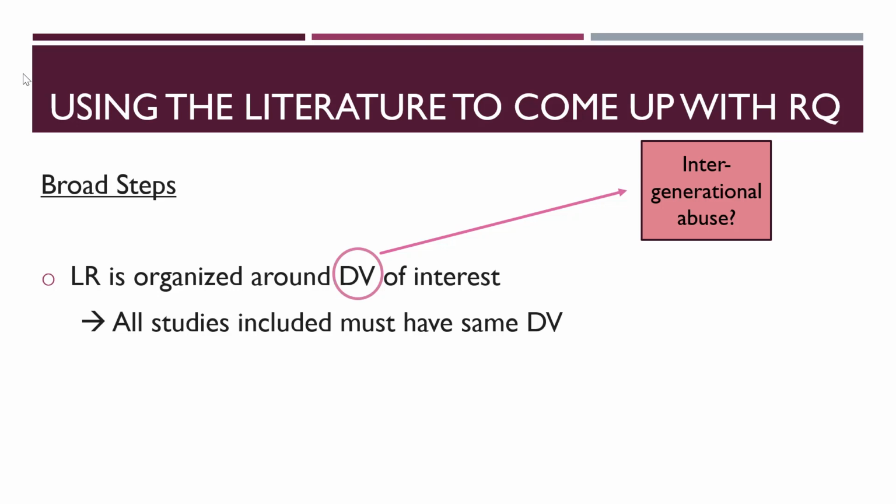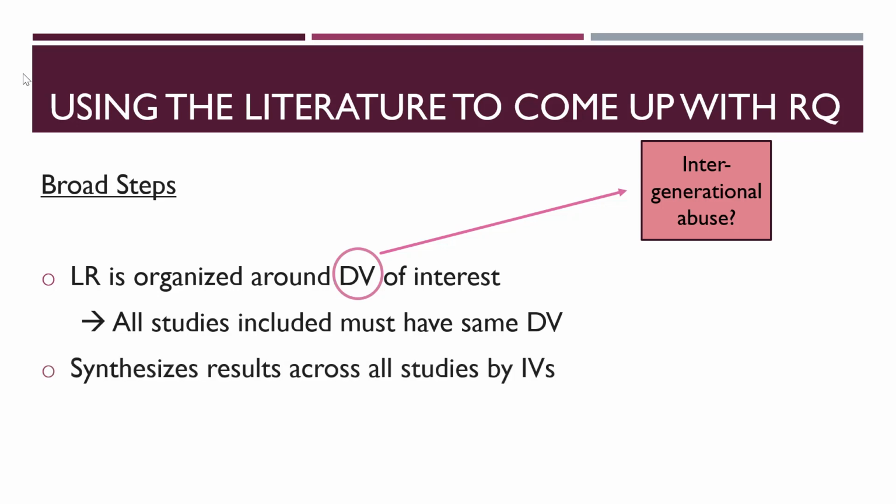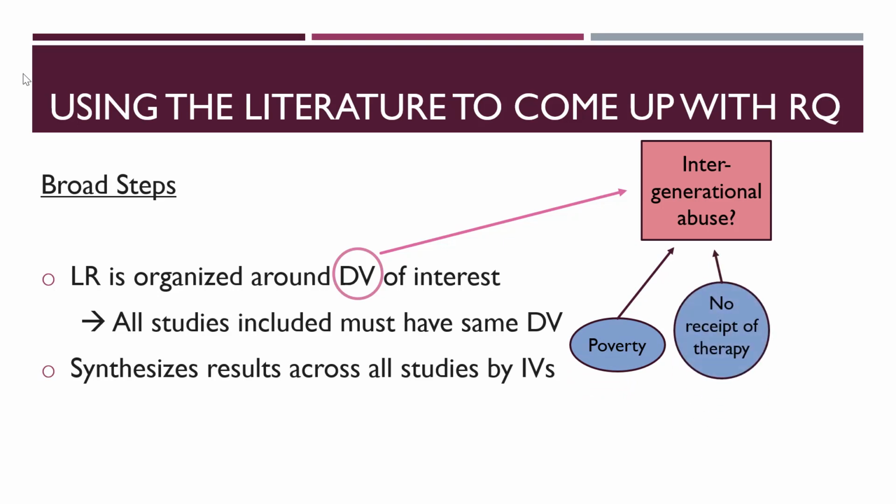I need all of them to have intergenerational abuse as the dependent variable, because I'm going to be synthesizing the results across all these studies in my review, by what independent variables they looked at as being predictors of the dependent variable, which was abuse. So for example, the studies may have looked at poverty as something that is related to intergenerational abuse, lack of therapy or lack of counseling services for the parent, substance abuse of the parent, and numerous other independent variables.